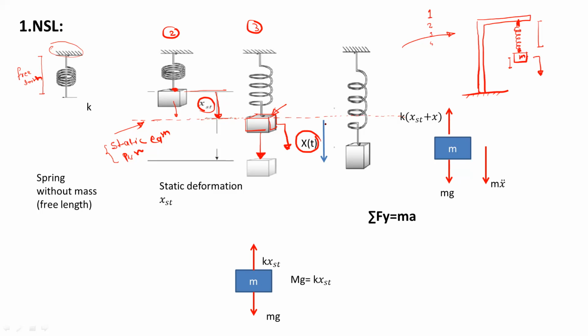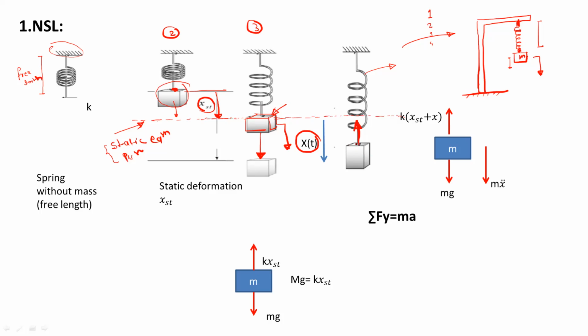Once you press it gently in the downward direction and release the force, then because of the elasticity, the elastic force, that is the spring force, will try to pull the mass to its static equilibrium position. Every time the spring force will try to bring the mass to this static equilibrium position, not to this position. You should remember this difference. The spring force will try to bring the system to this level only.